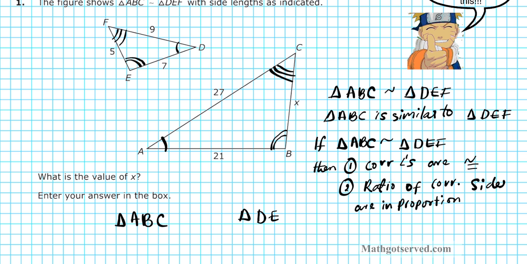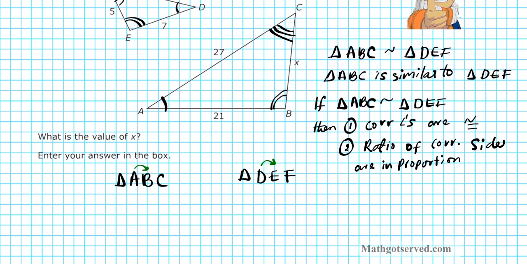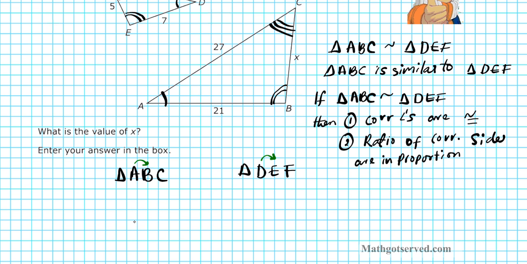So what can we say concerning the ratio of corresponding sides? Side AB corresponds to side DE. Let's go ahead and write that down. Side AB corresponds to side DE. You see how we're following the order?